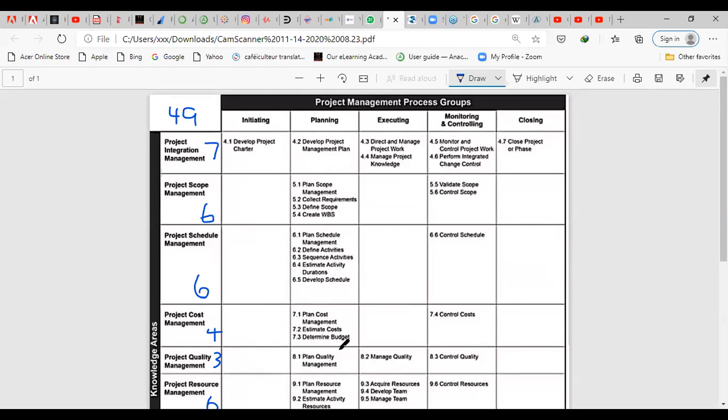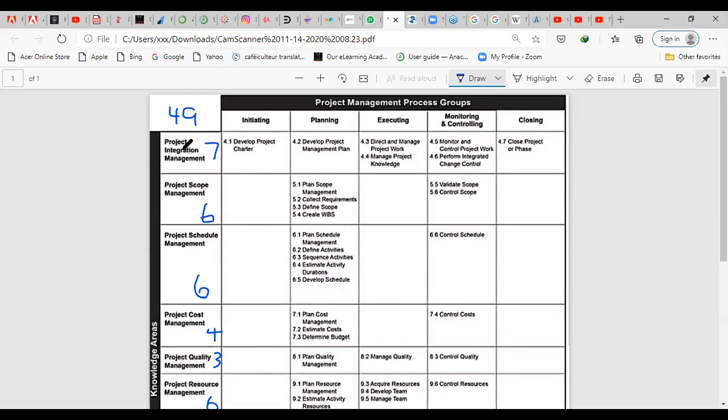Exactly, this one. You should be able to distribute the process groups and then the knowledge areas. The knowledge areas follow as they are.